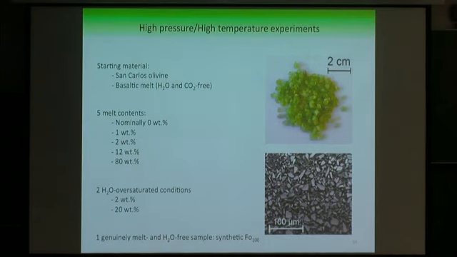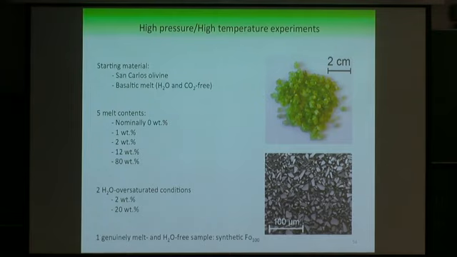So to do so, I started out the experiments with San Carlos olivine and a basaltic melt, which was H2O and CO2 free. And so I decided to use 5 different melt contents, nominally 0, 1, 2, 12, and 80% melt.